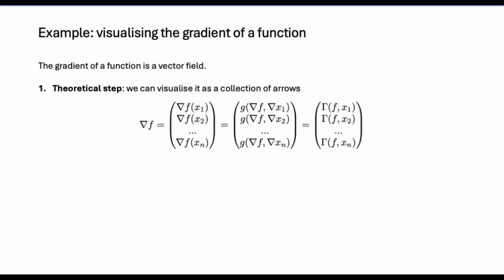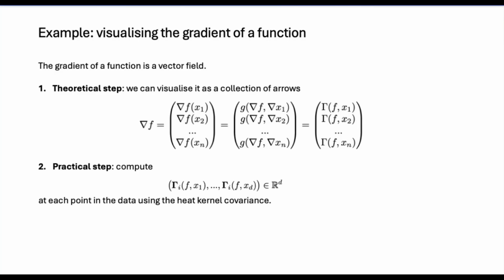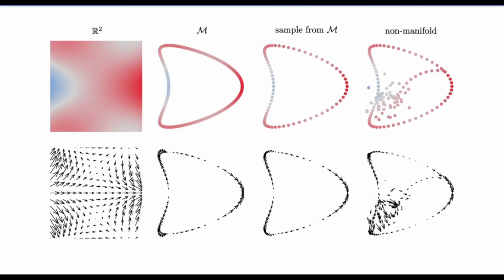And then this just involves the gamma. So the object that we want, this collection of arrows, has this formula involving only the gamma. And we can then compute it practically by plugging in this recipe for estimating gamma from data. So gamma of f with x1 up to gamma of f with xt. And that arrives at this thing.